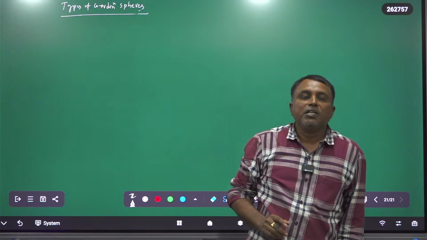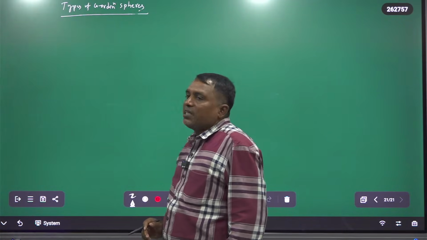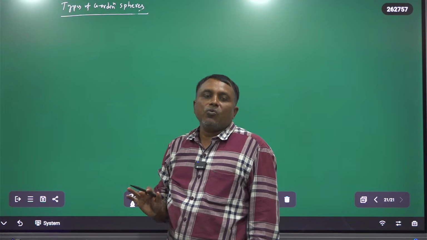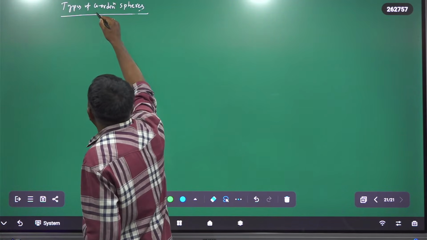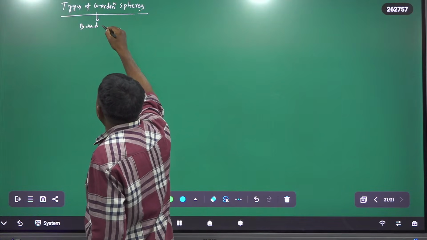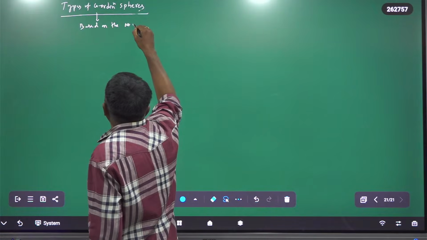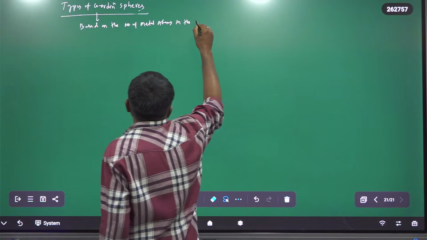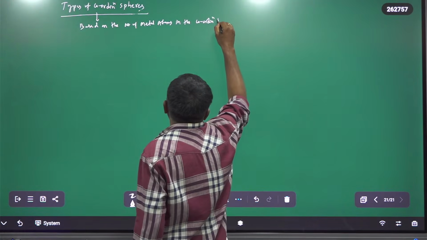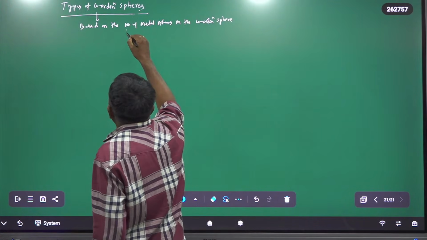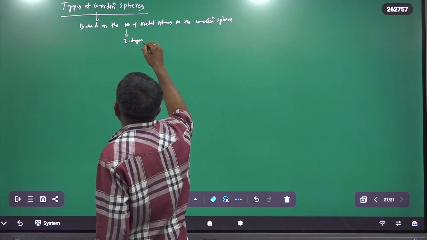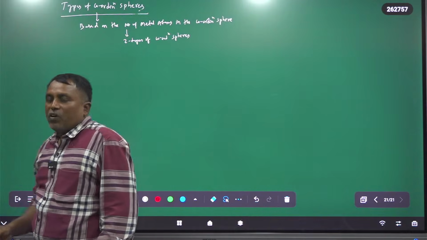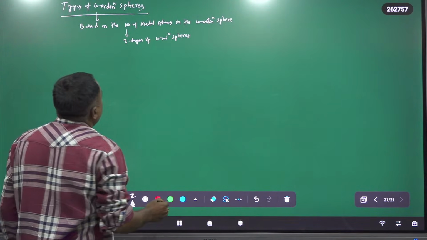Depending upon the number of metal atoms present in the coordination sphere, there are two different types of coordination spheres: mononuclear and polynuclear.